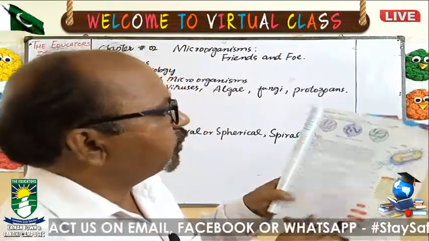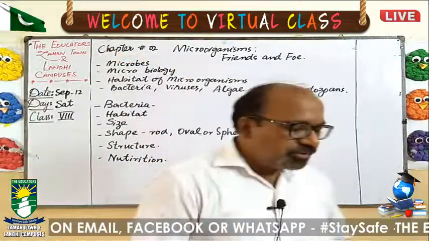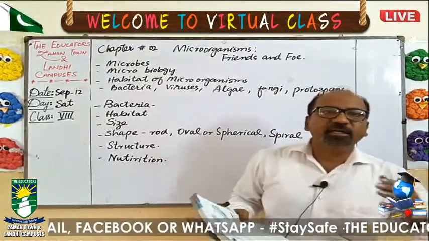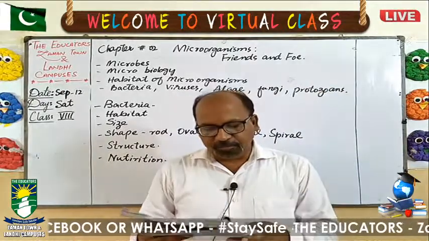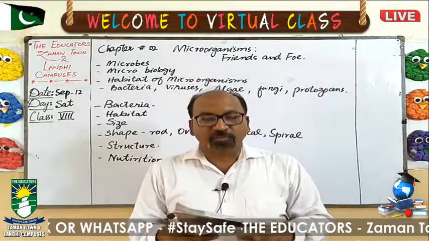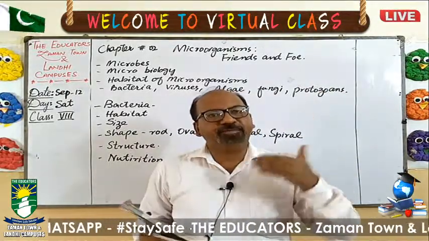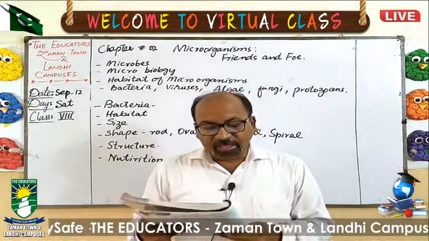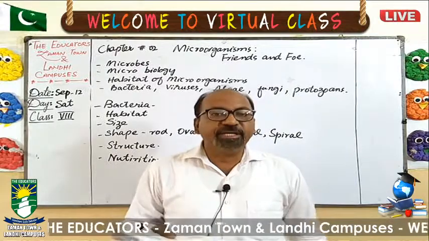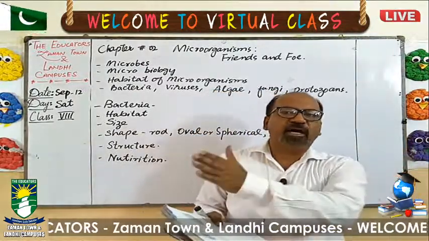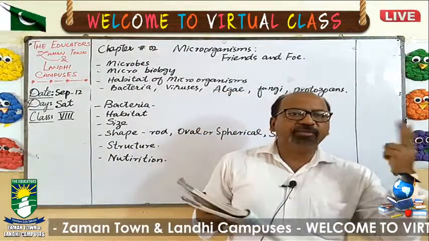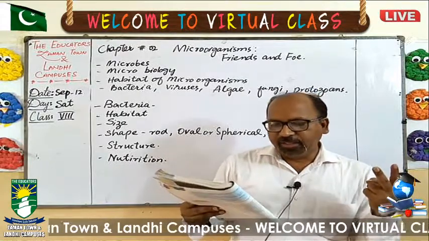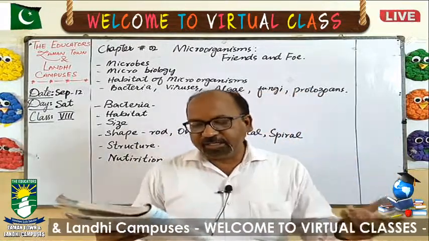Now we talk about nutrition, meaning how they get their food. Some are autotrophs, which means they can prepare their own food, while others are heterotrophic, which means they get food from other living organisms. There can be 2 categories of heterotrophic: parasitic or saprophytic bacteria.